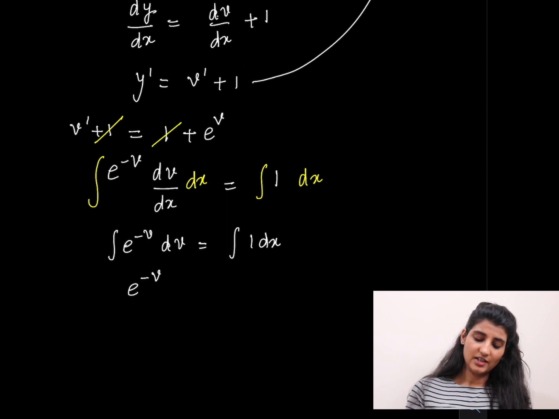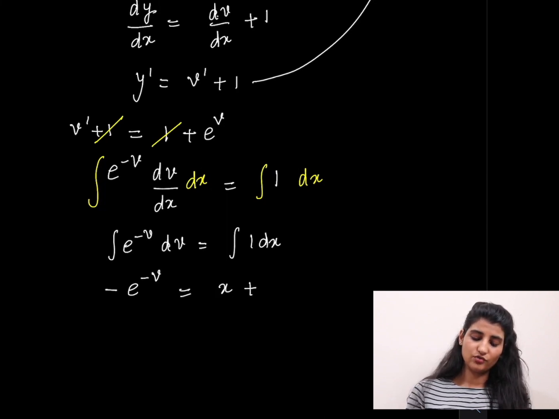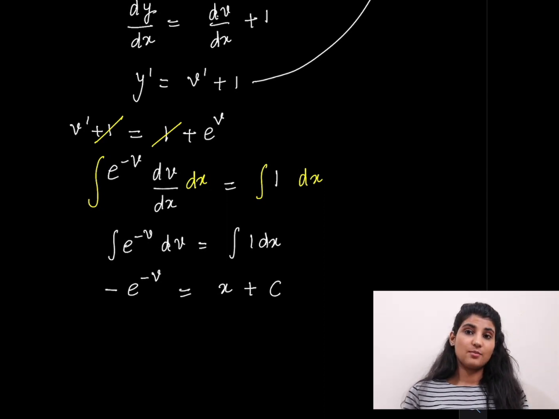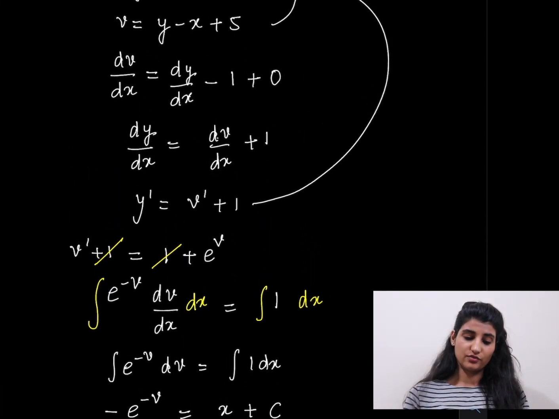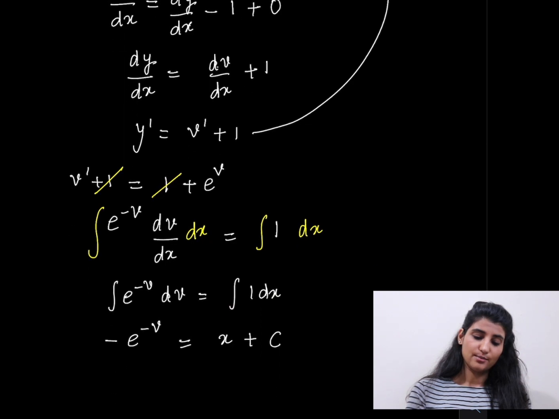The integral of e power negative v is e power negative v divided by negative 1, equal to the integral of 1, which is x plus constant of integration. Okay, fair enough. Now our question was in terms of x and y, so our answer should also be in terms of x and y. So we substitute the value of v back.